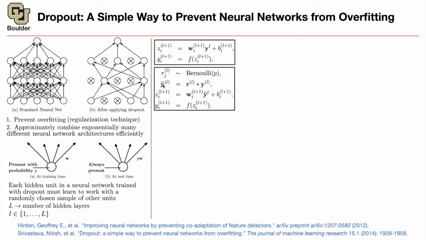The question is, how do you pick P? Usually a good number for P is 0.5. For the intermediate layers, a good P is 0.5. Basically, half of the times you keep the neuron, half of the times you exclude it. And for the initial layer, a good one is probably 0.8, 0.85, 0.9.